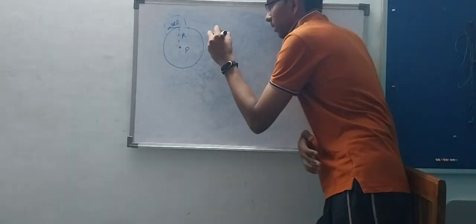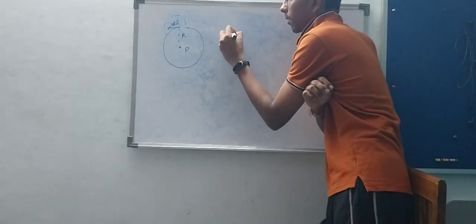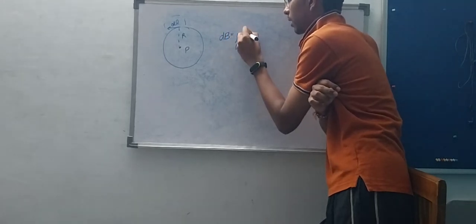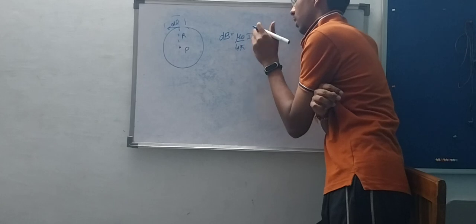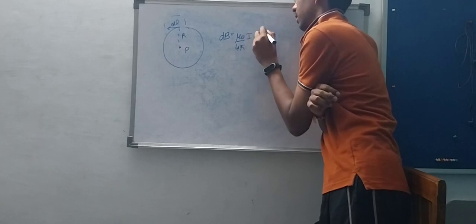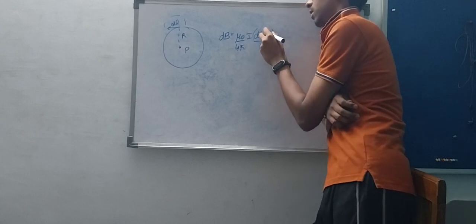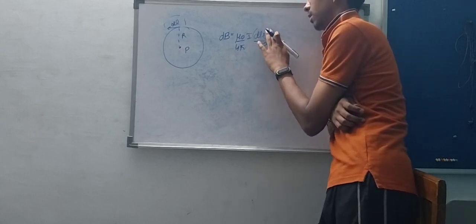You will see. So according to Biot-Savart's law, dB is equal to mu naught by 4 pi, current into dl cross r by r cube. This is the unit vector of r basically.